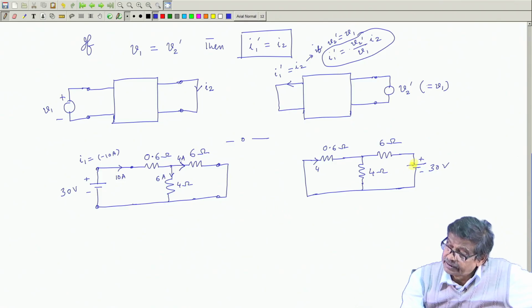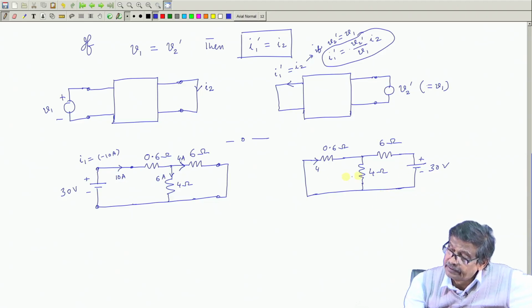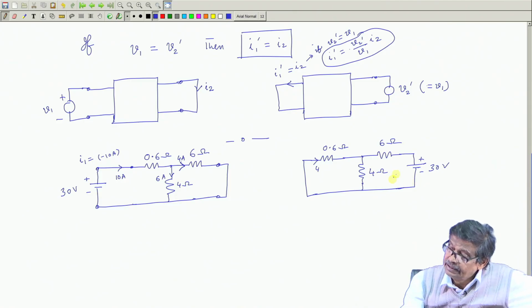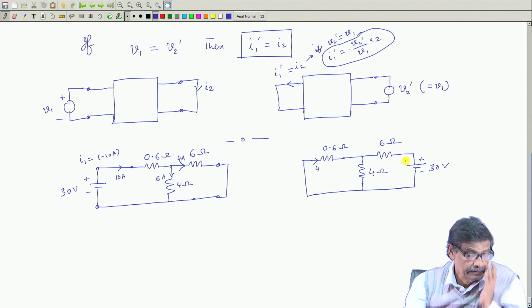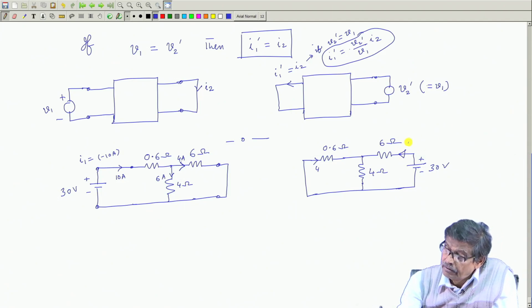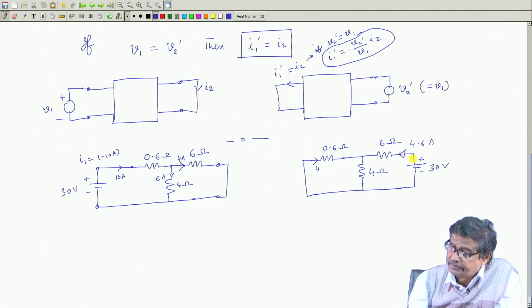Let us solve this circuit individually. What will be this current, independent of Tellegen's theorem? First you calculate the total current, that is 4.6 ampere, by doing series-parallel reduction.